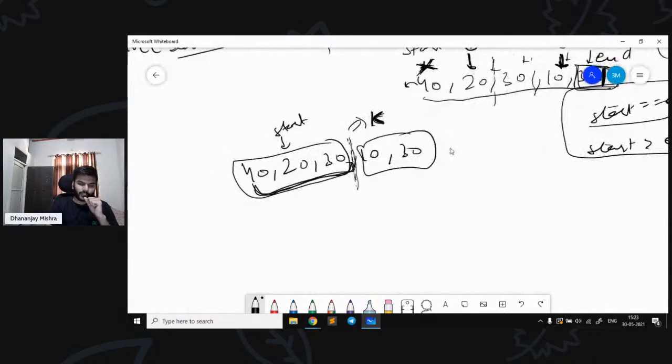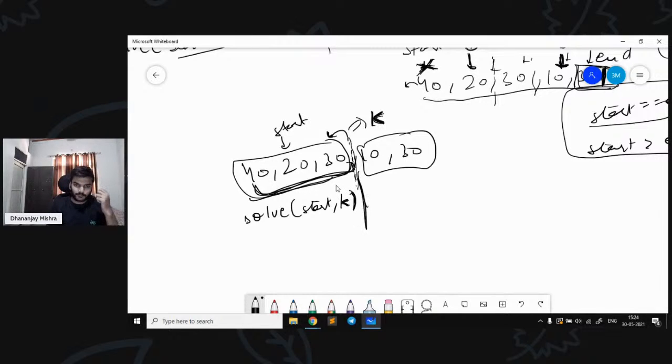Why are we using a recursive function? Because we have to solve the same subproblem again and again. That's why we use recursion, because recursion is a function that calls itself again and again. So for this left part I will call my recursive function solve, where start will remain the same but the end will be shifted to this point, right? I hope you are getting it. So my end will be k, right?